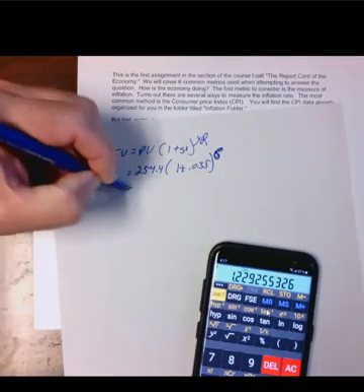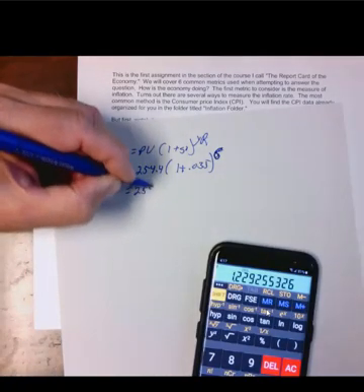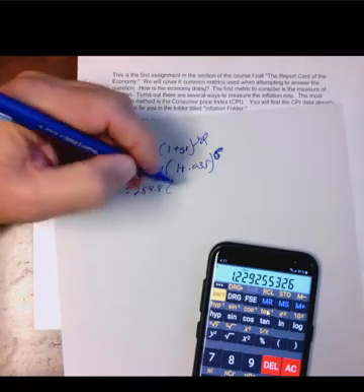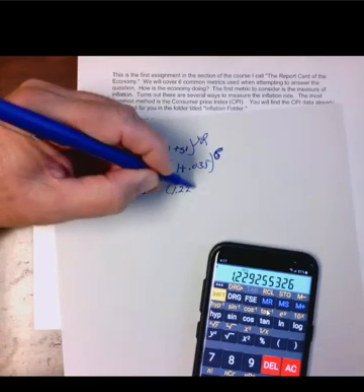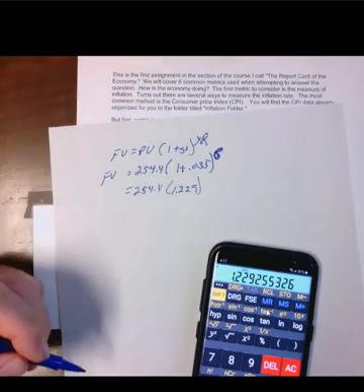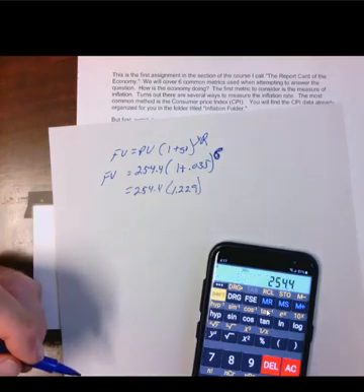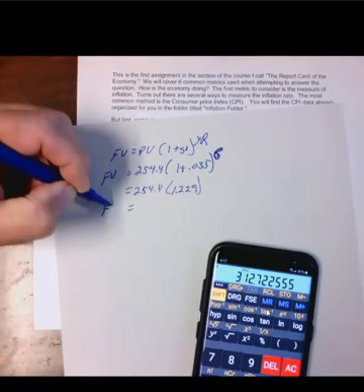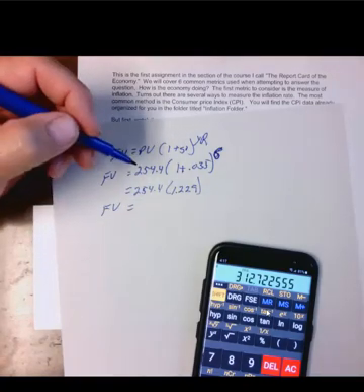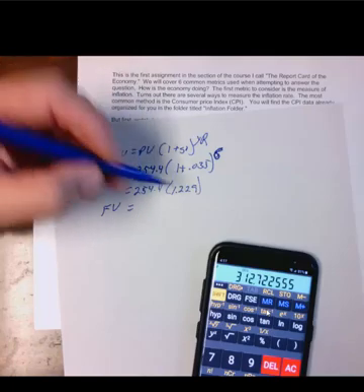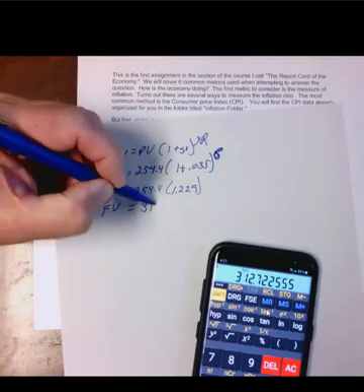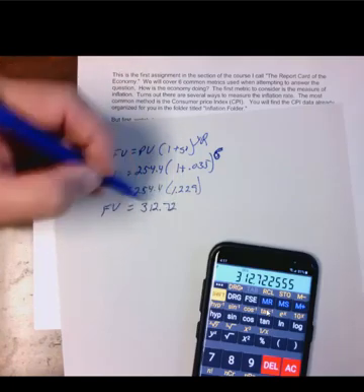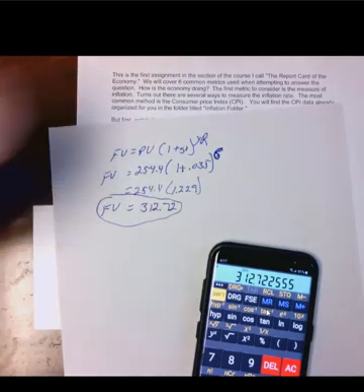So now I get the future value is 254.4 times this thing, 1.229. So I get that with an assumption of an inflation rate of 3.5% by the year 2025, the CPI should be about 312.72. That's how you do that.